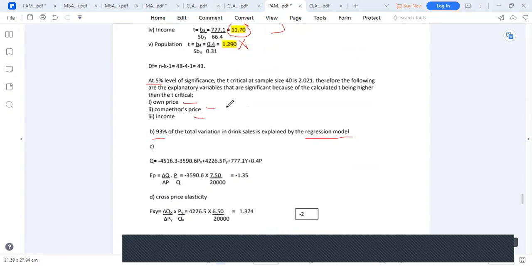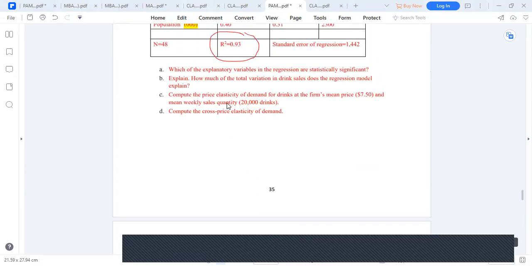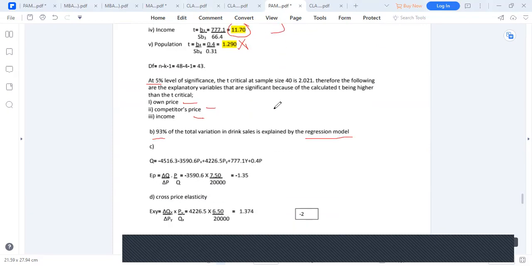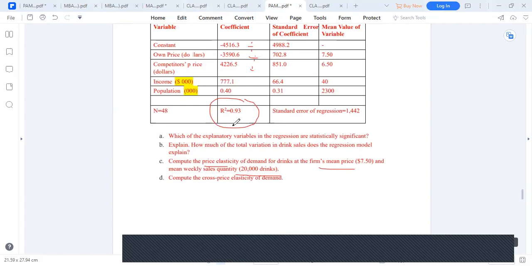Then we also go to the second part: compute the price elasticity of demand for the drinks at the firm's mean price of 7.5 and the mean weekly sales quantity of 20,000. So here we first come up with the regression equation, which is computed from the variables that we have here.